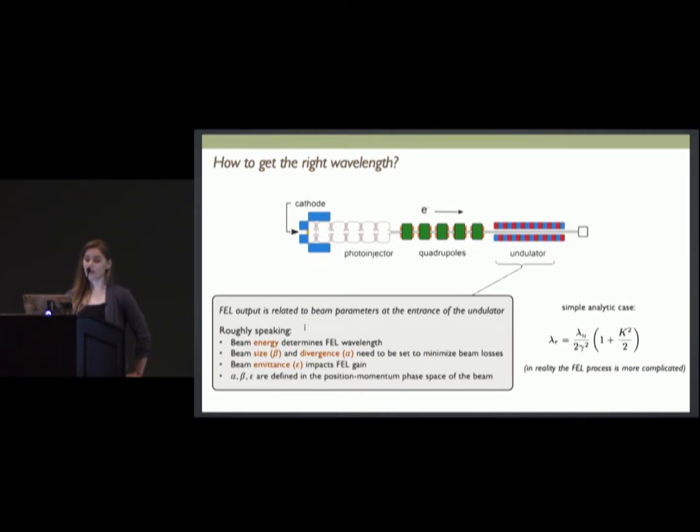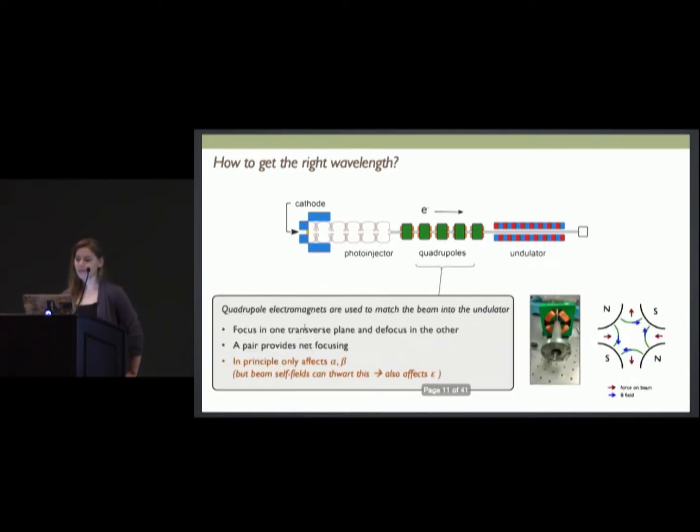But ultimately, what you mostly care about is that the beam size and the beam divergence are such that you can transport through the undulator, and you want to minimize this parameter called the emittance of the beam, which is just the total area of the beam in position-momentum phase space. Alpha and beta have specific definitions within that framework too, but roughly they're the beam size and divergence.